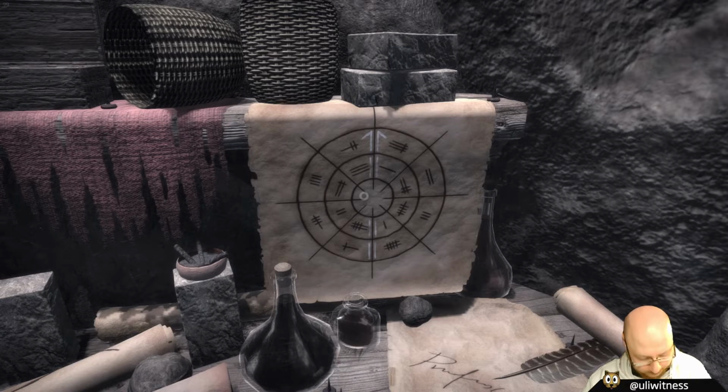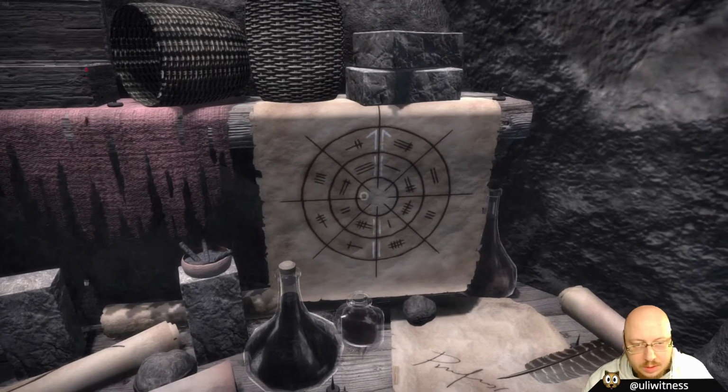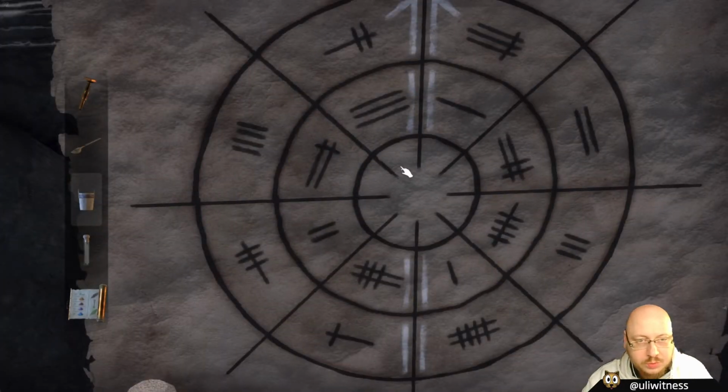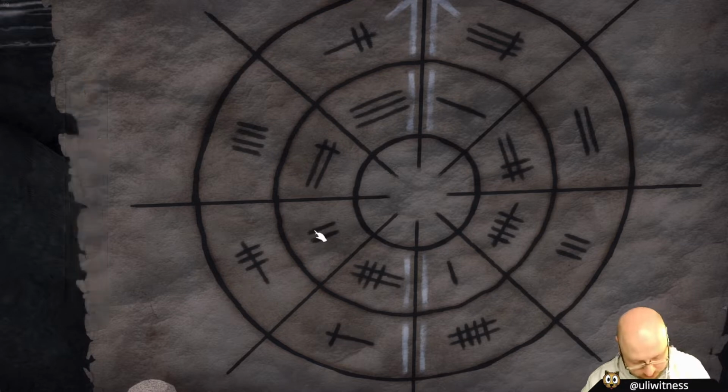1... Where is the 2? Here. 2, 3. Four is up here. And now 5 is the long line.